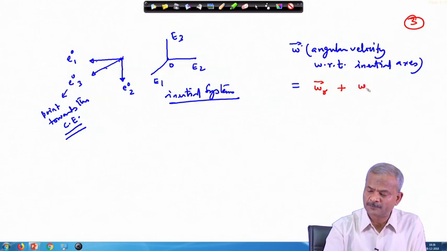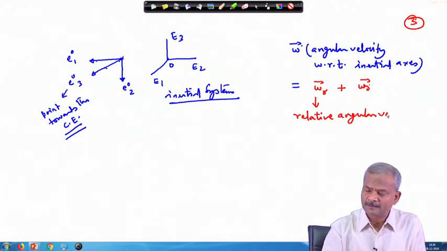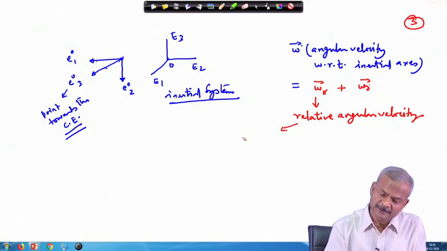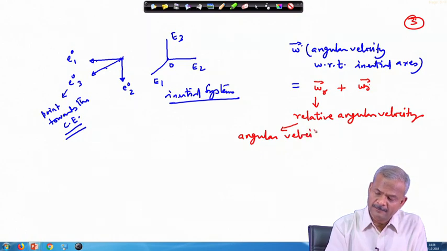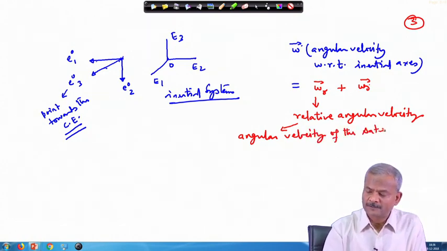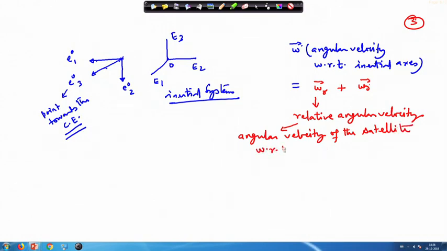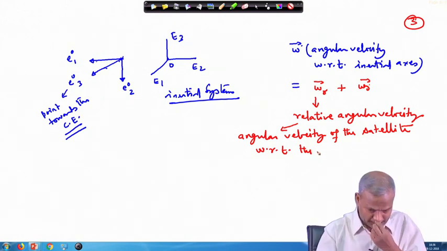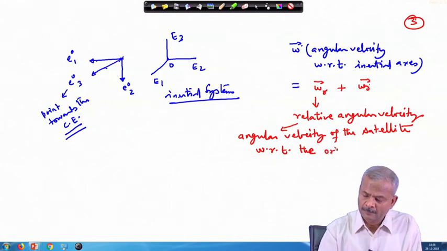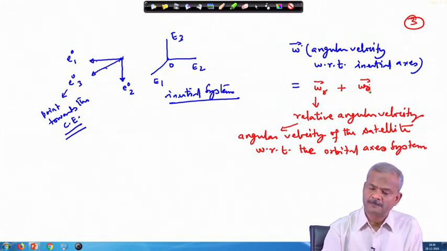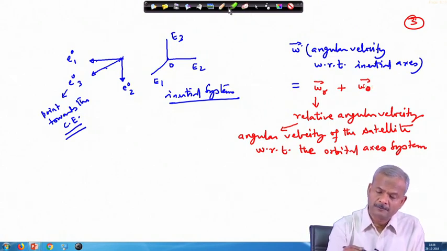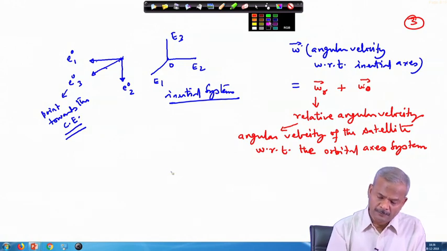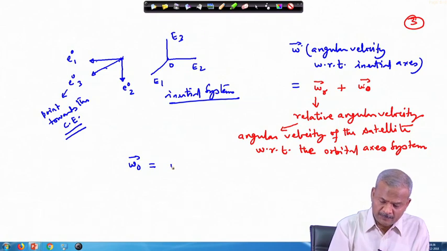So, omega r and omega 0, what is this? This is the relative angular velocity, which you call the angular velocity of the satellite with respect to the orbital axis system, while omega 0 is the orbital frequency or orbital angular velocity.